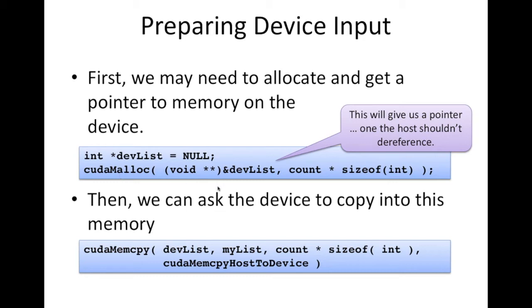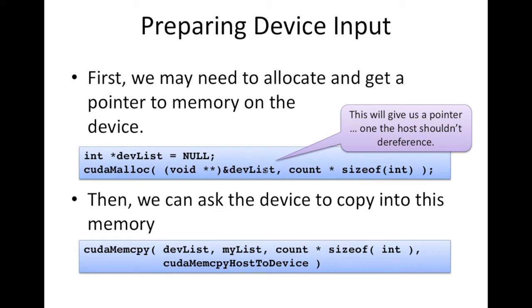So Cuda malloc, it's kind of like malloc, but the way it uses its parameters is a little bit different. Just like malloc, you tell it how many bytes of memory you want. So that's the second parameter out here. If you've got a number of items like count here, if that's how many items you want, and each of them is an integer in size, this will allocate enough space for that many integers on the device. You'll remember malloc gives you back your pointer by returning it.